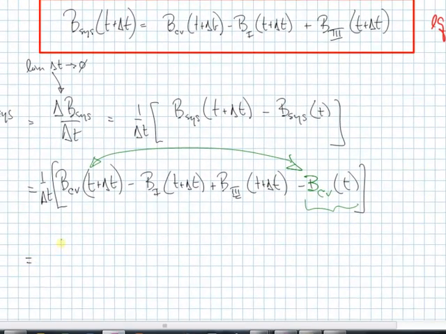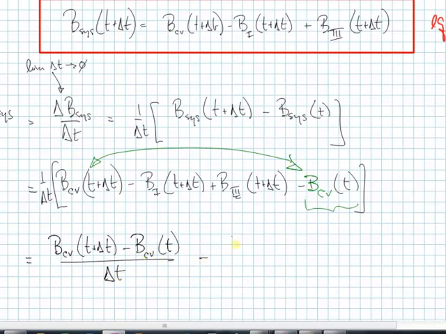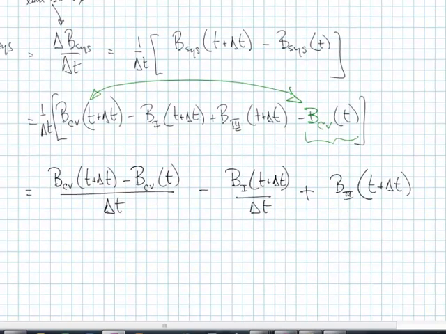I'm now going to break this sum down as BCV t plus delta t, bring this last term over, minus BCV at t, all that divided by delta t, minus B1 t plus delta t over delta t plus B3 t plus delta t. All right, that's what the rate of change of B sys is.